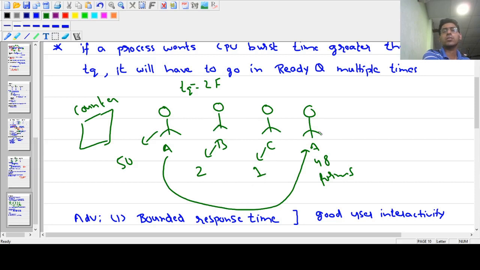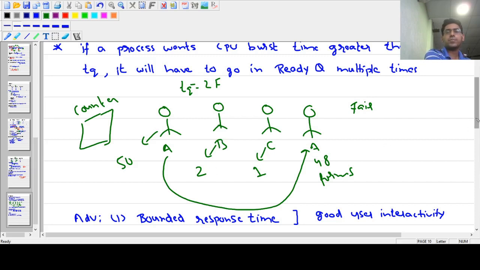It is a fair algorithm. How come it is fair? Because a process having a high amount of CPU burst has to wait for a longer time, and the process which is very short has to wait for a shorter time.